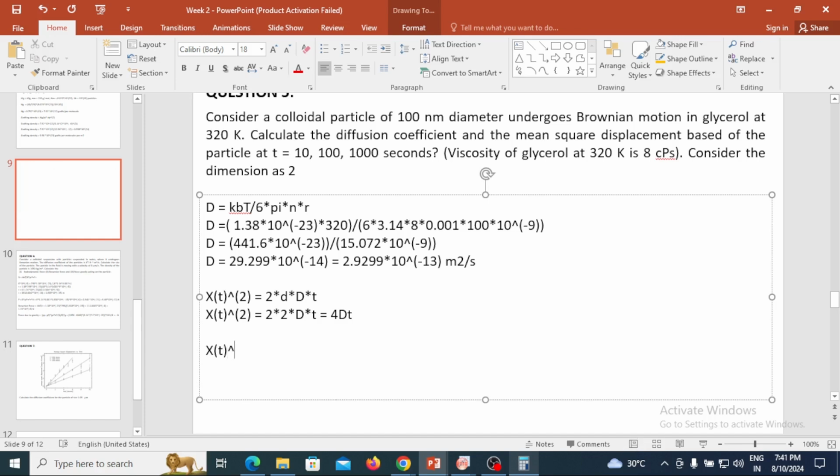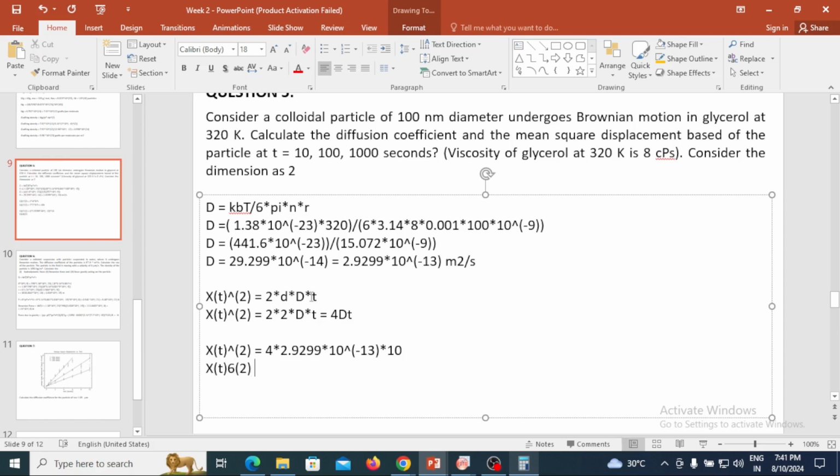X of t the whole square will be nothing but 4 times 2.9229 times 10 to the power minus 13 times 10 for the first one, and then the second one will be the same, it's just that the time is going to vary.